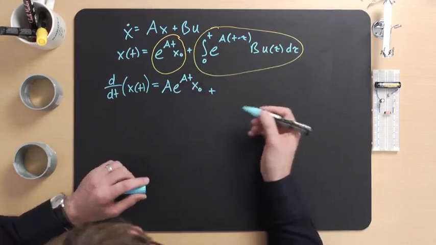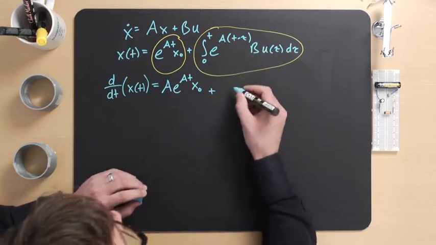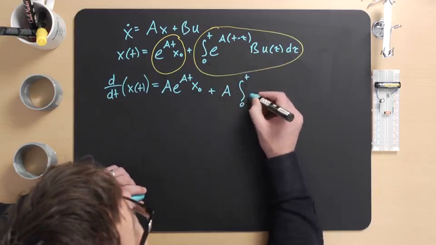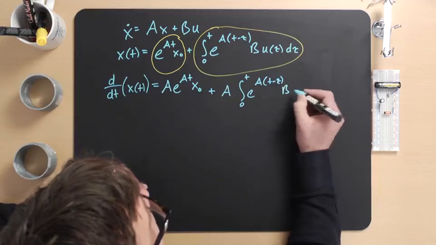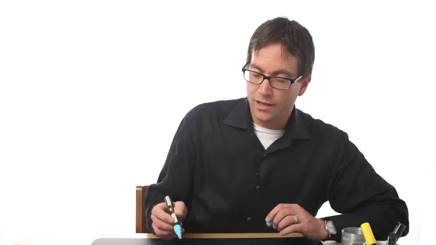And that's going to involve two terms. The first term is the integral of the time derivative of what's inside here. That's actually just a times the integral from 0 to t e to the a (t minus tau) b u of tau d tau.